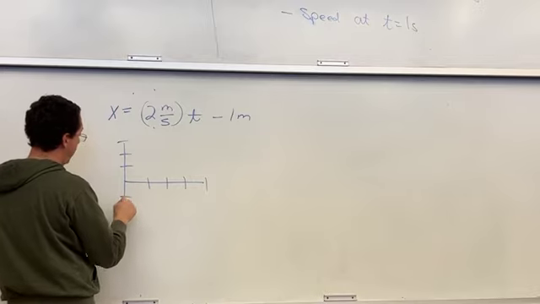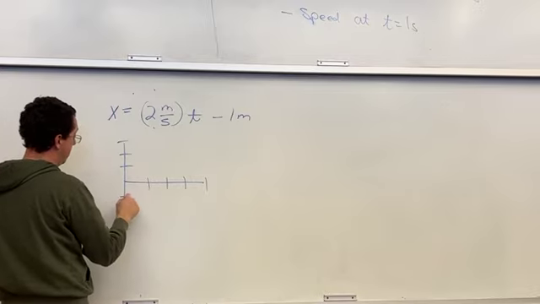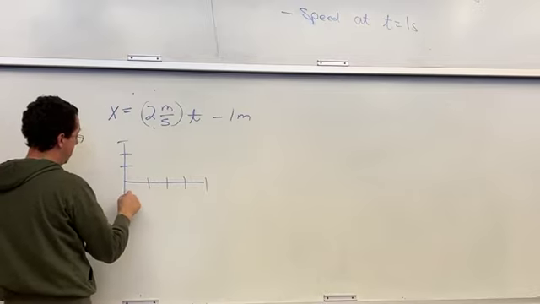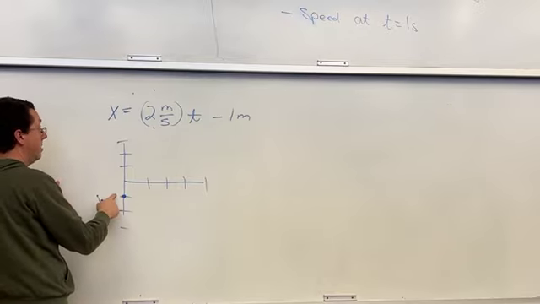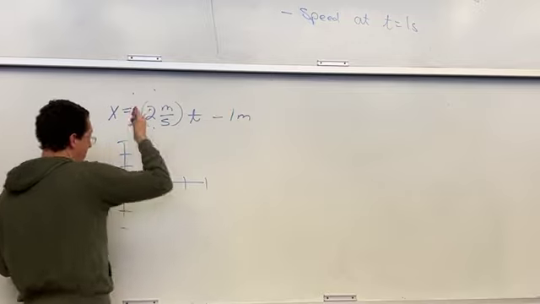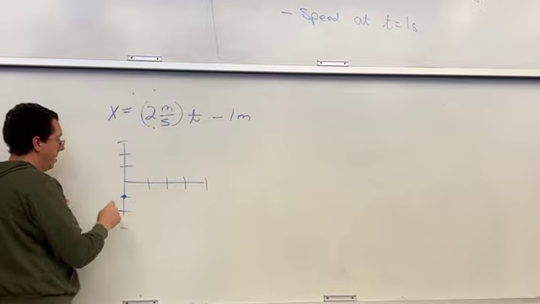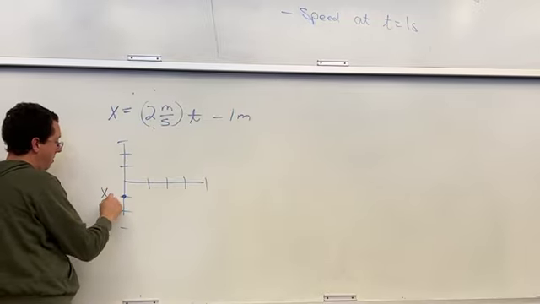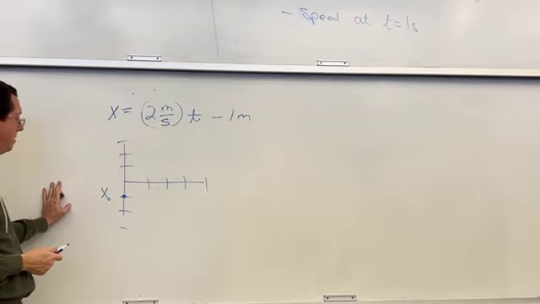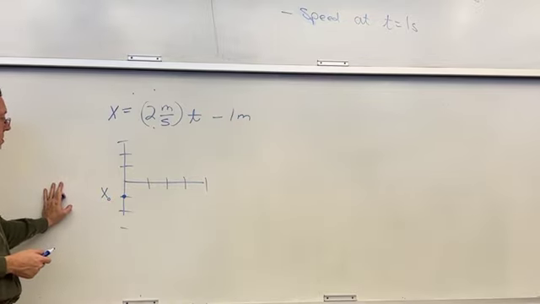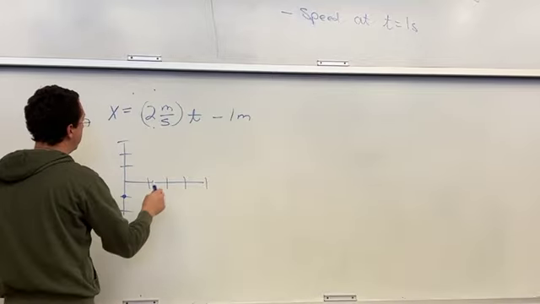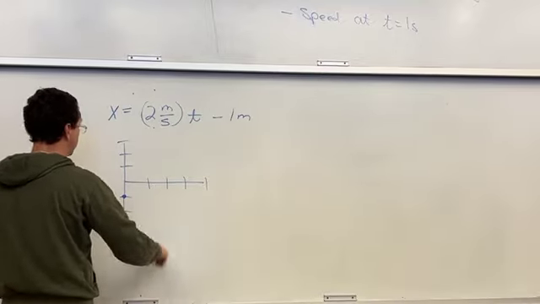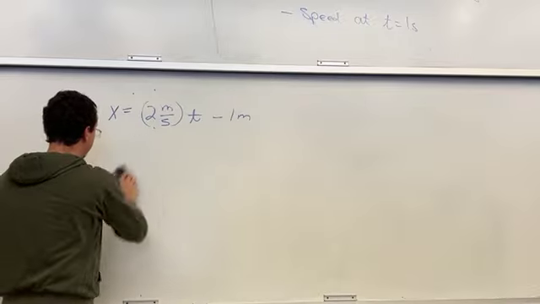So I start down here at time 0, I have a position of -1, because that's my vertical intercept. That's actually what I will usually write as x0, the position at time 0. And then I have this curve. Oh, I didn't give myself enough room. Top flight board work right there.